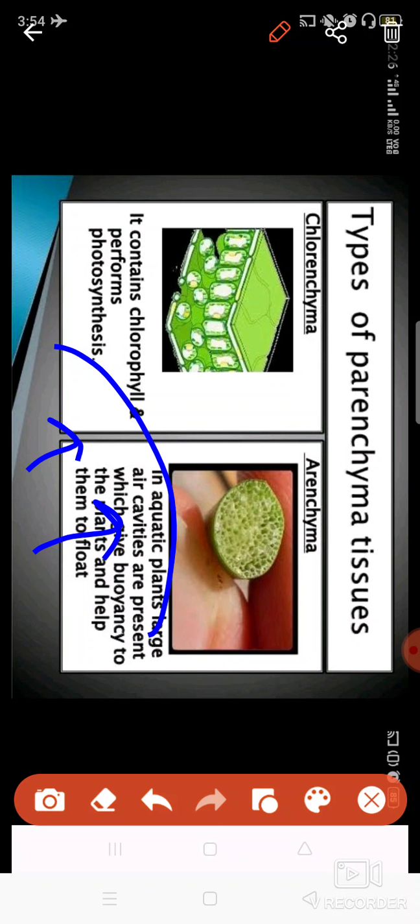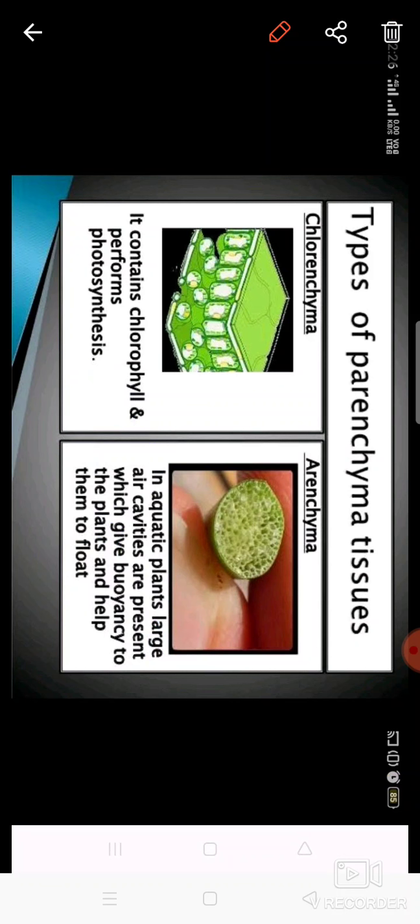So parenchyma is basically a tissue which is found in the filling areas. Their function is to store food, to carry out photosynthesis, and they also help in the excretion of substances. These help in healing of wounds, because these cells are living, so they can divide.